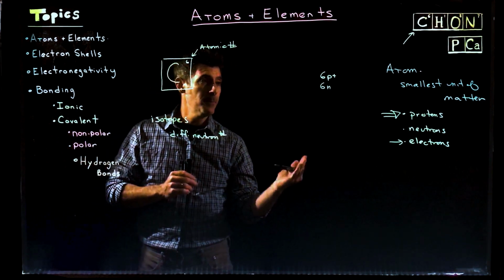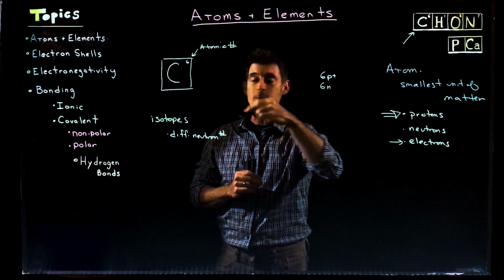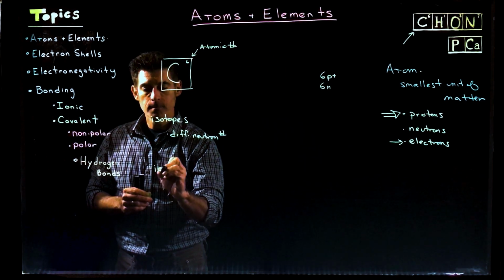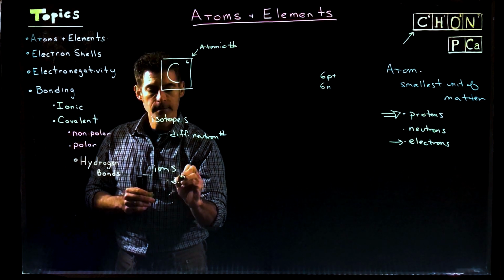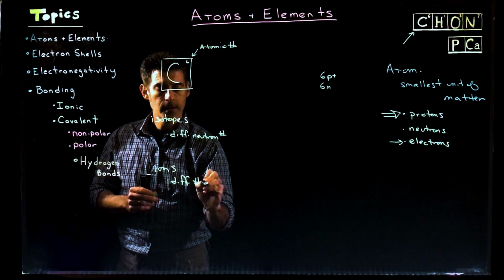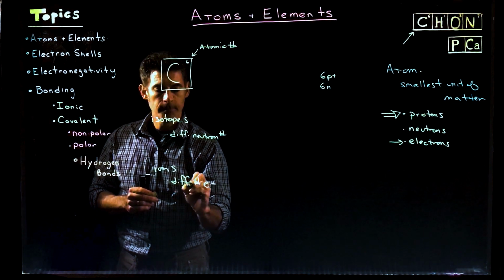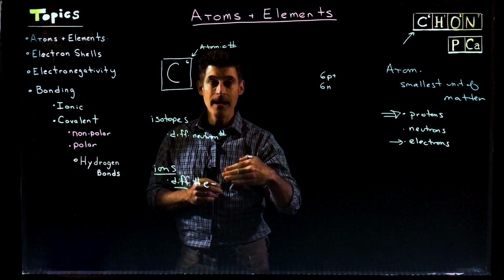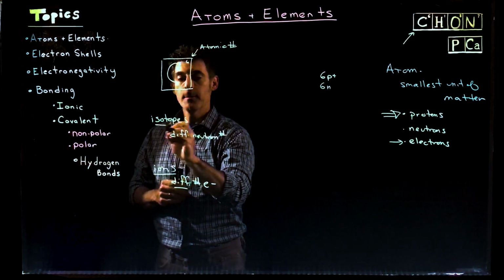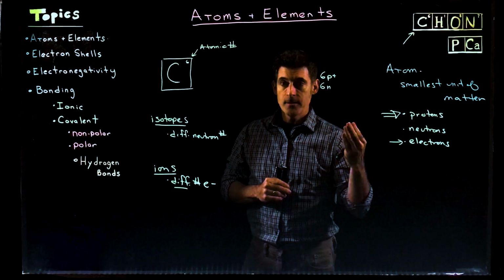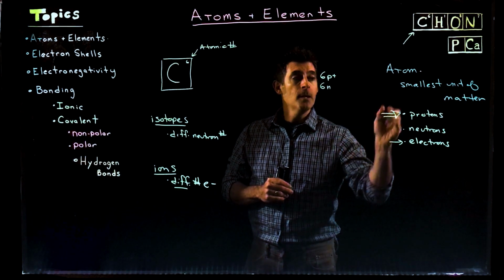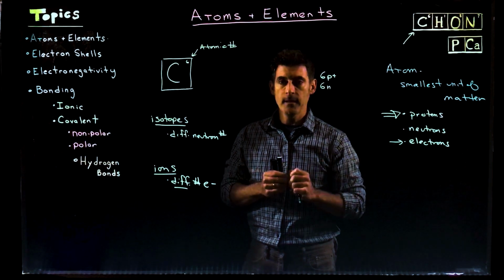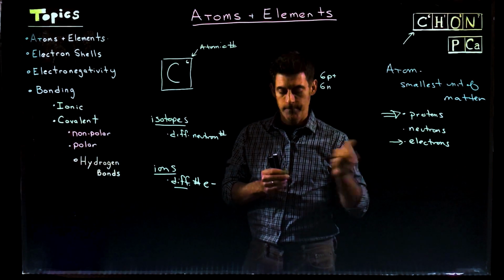If the electron number should be 6 but it has more than 6 or less than 6, we call those ions. Ions have different numbers of electrons. Different numbers of neutrons make isotopic versions of an element. But the protons don't change. If the proton number changes, it's no longer that element. It has become a different element.